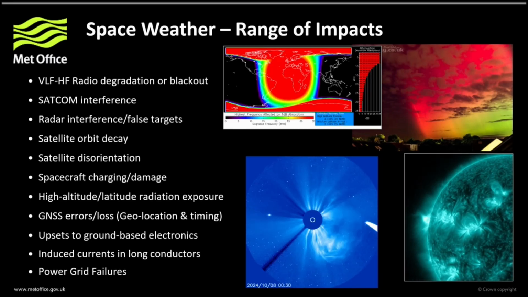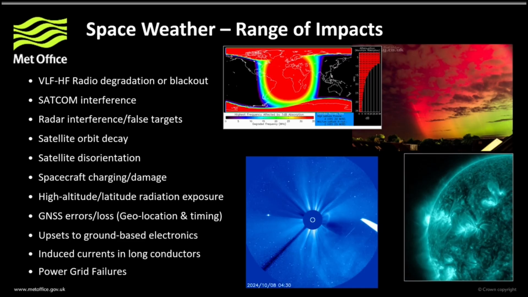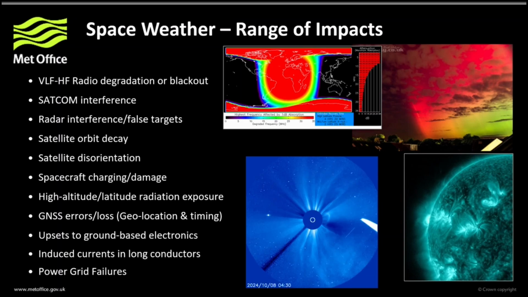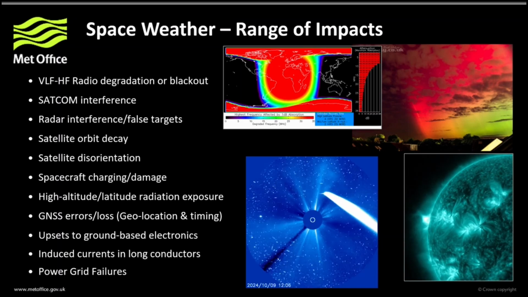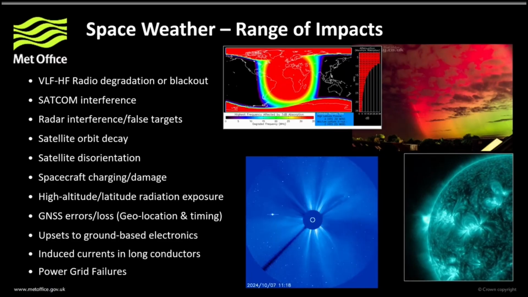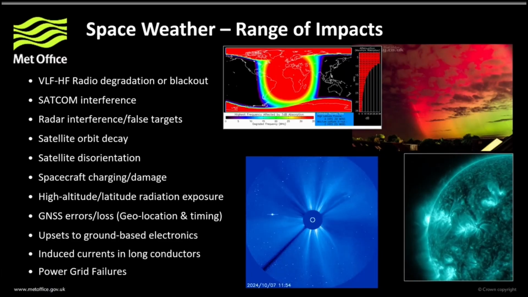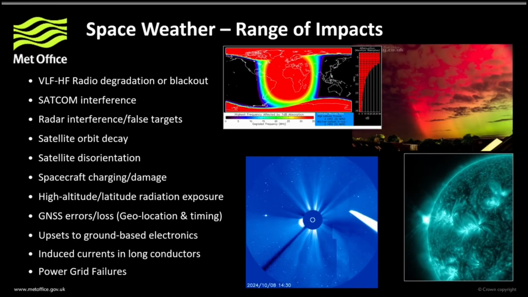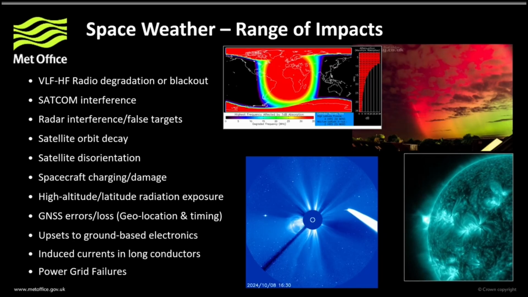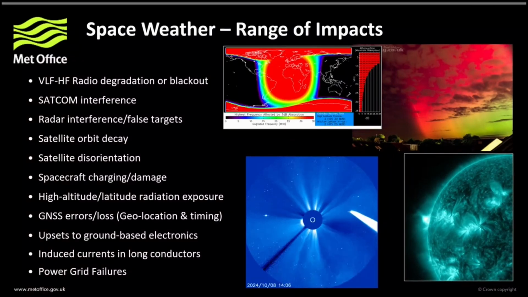So the neutrons that you can get from radiation can impact electronic systems and avionics and cause single event effects, as well as having that increased biological dose of radiation across high altitudes and high latitude flights. And then in the most significant events, we can see these induced currents in long conductors, which can lead to damage to the power grid. So we have these different impacts. They arrive at different times after occurring on the sun, and they can last for a different length of time once it happens on Earth.